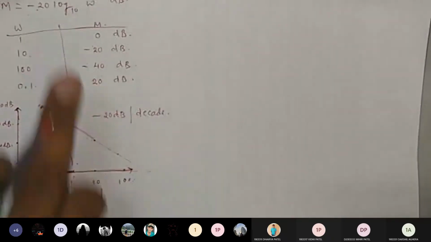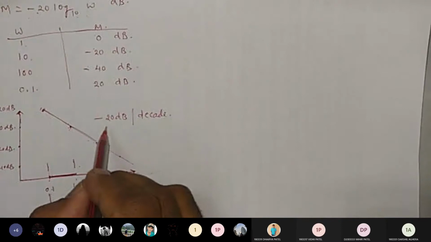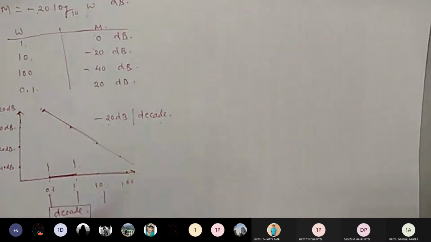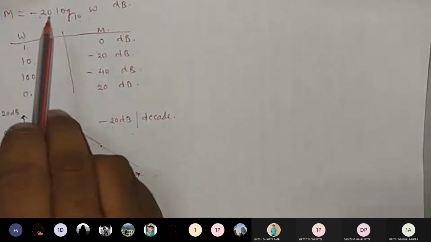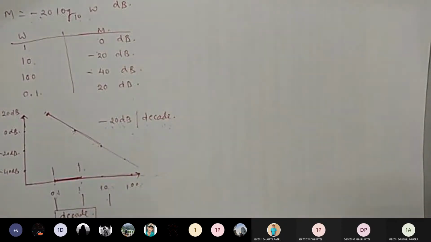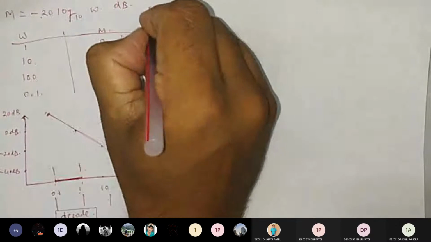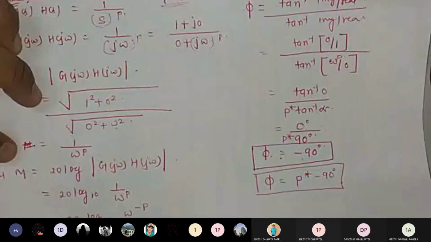So what I can conclude is, for pole at origin the slope of the magnitude graph is nothing but minus 20 dB per decade. Slope of pole at origin will be equal to minus 20 dB per decade. I am talking about pole equal to 1. I took this for the equation minus 20 log omega.